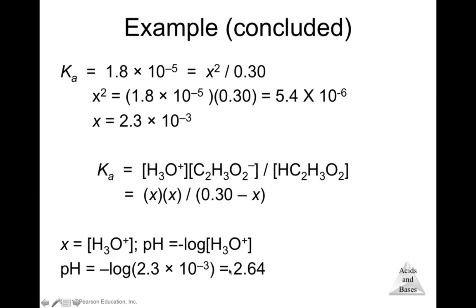We apply the minus log, and the pH is going to be equal to 2.64. And this is expected because we are talking about acetic acid, so we expect a pH lower than 7, and it's 2.64.